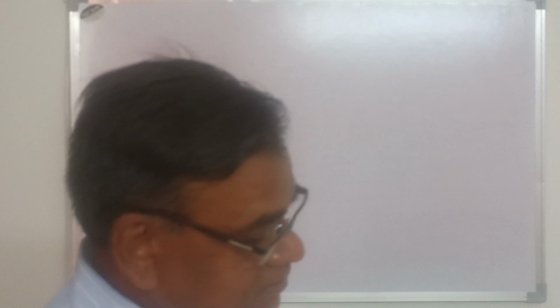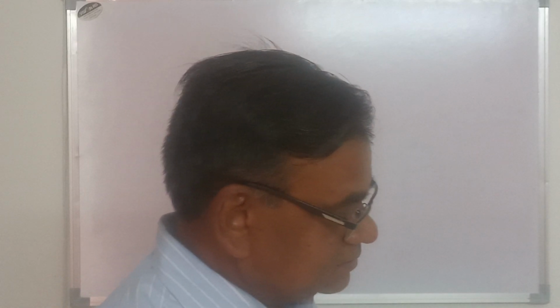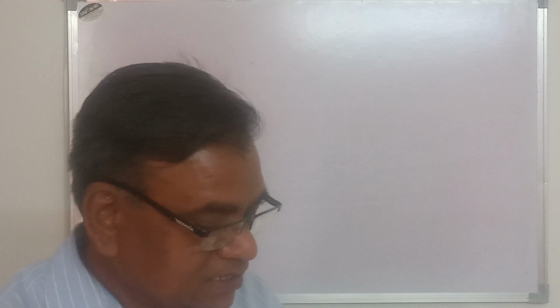Next question. A man sits in an optician's chair looking into a plane mirror which is 2 meters away from him. एक आदमी एक चेयर पर बैठा है, and a mirror is put in front of him 2 meters away, and he sees the image of a chart. पीछे दीवार पे कोई चार्ट लगा रहा होगा, which faces the mirror. मिरर में उसकी इमेज, and is 50 centimeter behind his head.